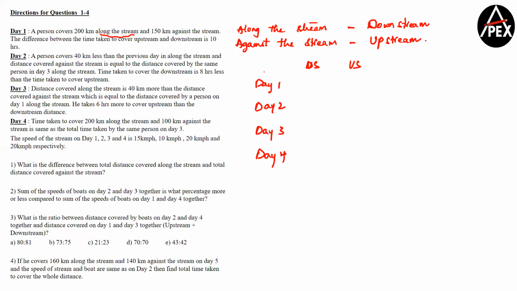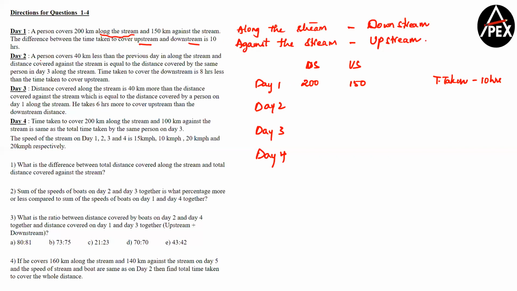On day 1, a person covers 200 kilometers along the stream, so downstream, and 150 kilometers against the stream, so upstream is 150. The difference between the time taken to cover upstream and downstream is 10 hours.